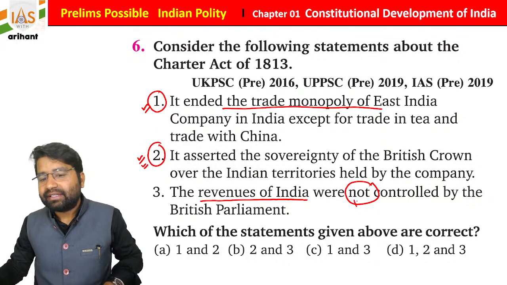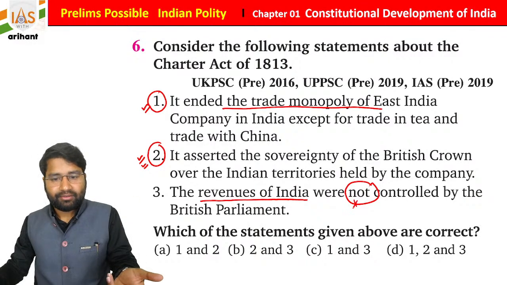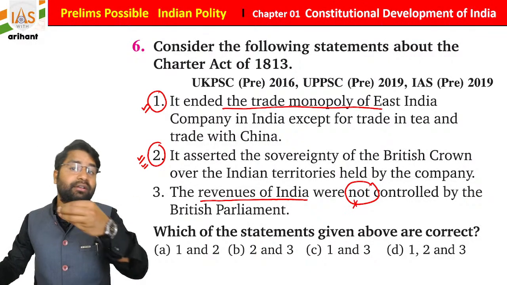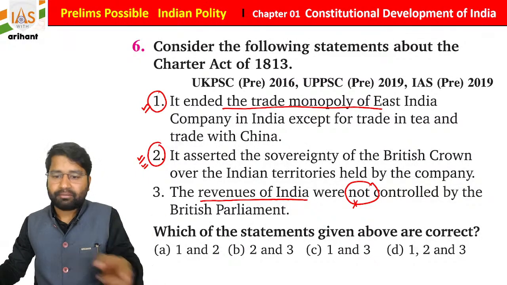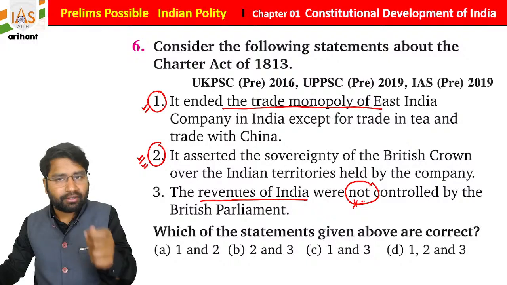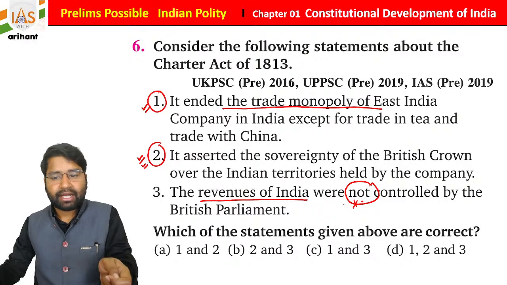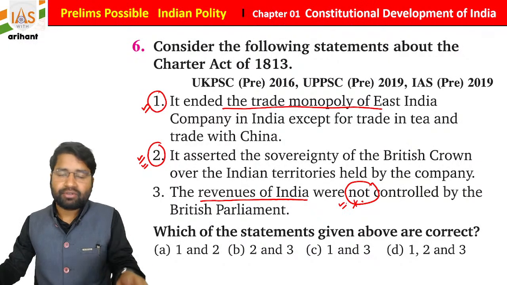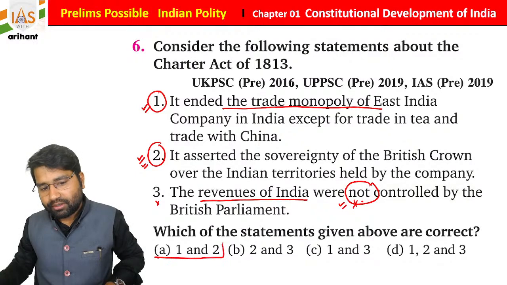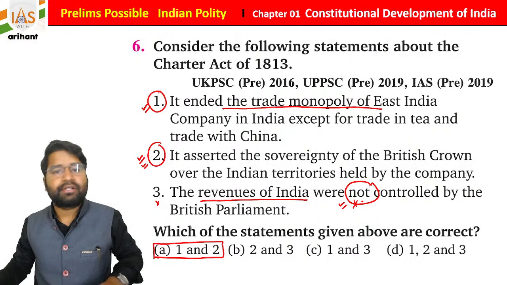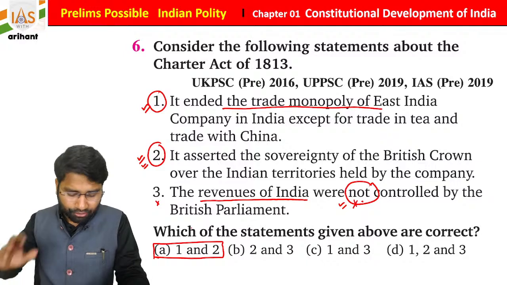And see, they are collecting the revenue. If you remove the word not, then automatically all would be correct. But here they added the word not. So you need to understand they are controlling the Indian revenue. So option 3 is not going to be correct. Automatically option A, which contains 1 and 2, is correct. I hope you all are able to understand.